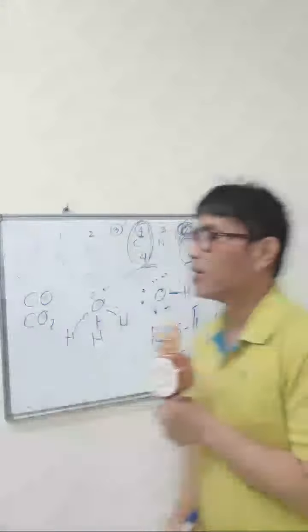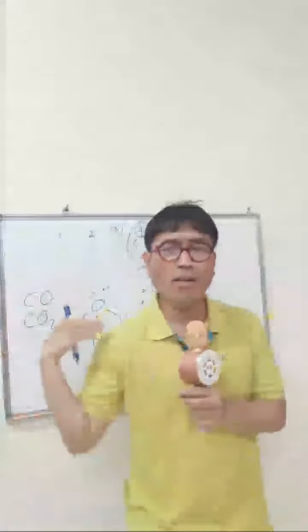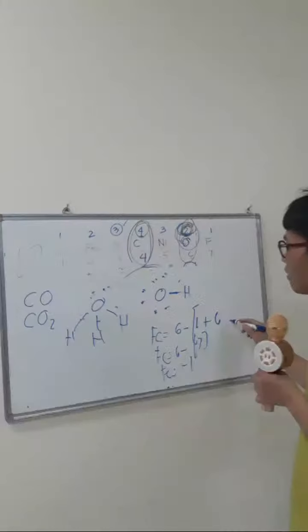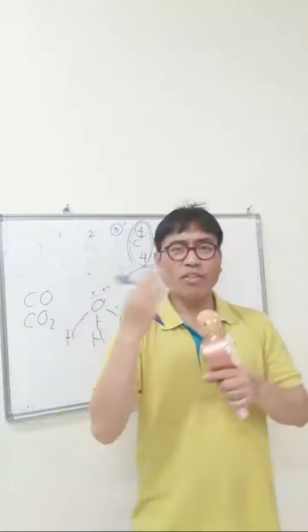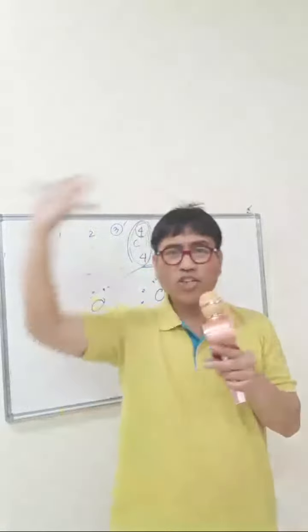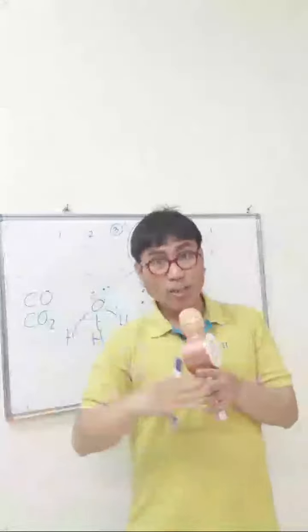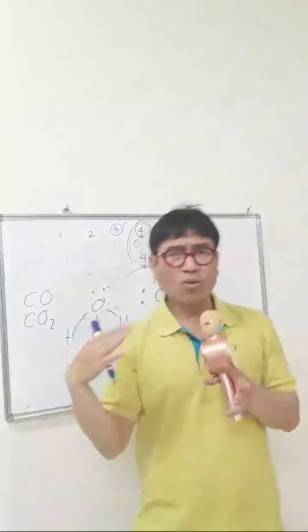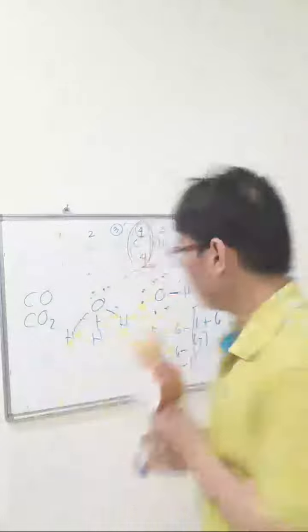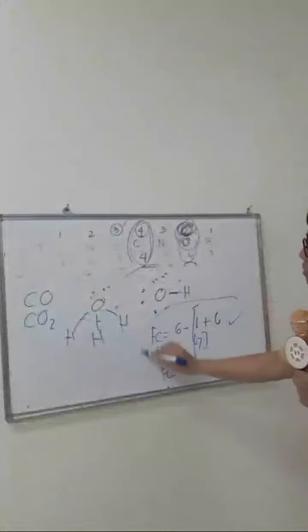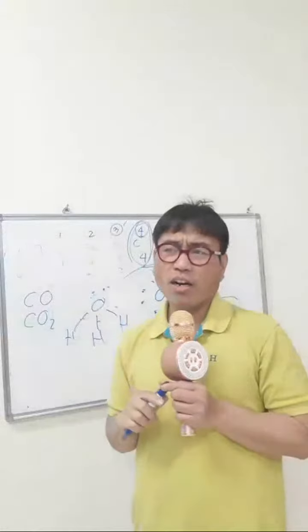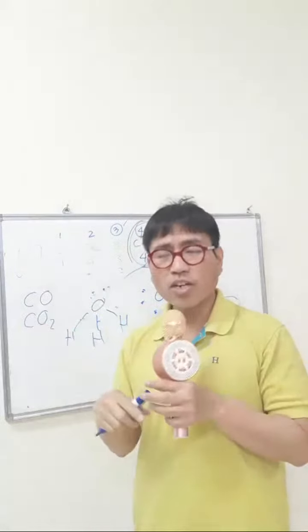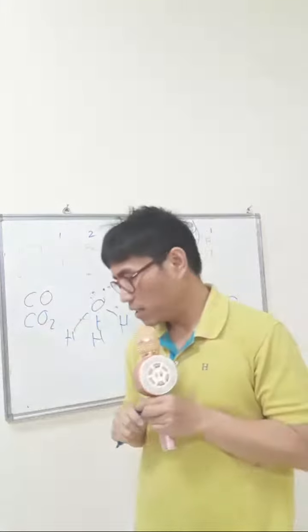That's why OH has negative 1 charge also, based on the formula. Not on the logical reasoning when the electrons go out from the shell. Okay, the sign will change. So for me, it's better to know this also, to prove that your formal charge is really correct.